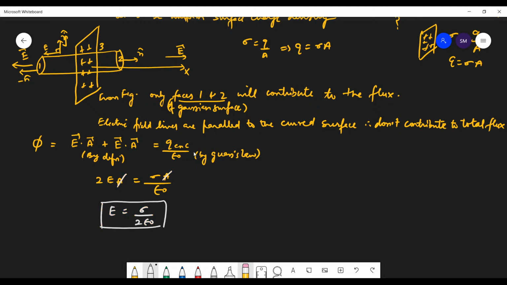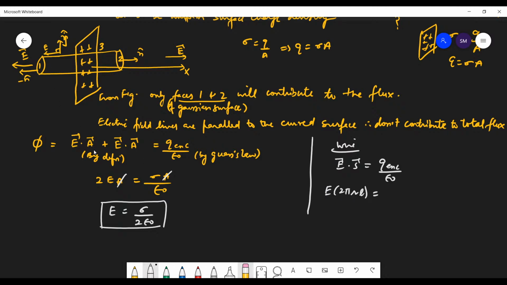This is so simple. In the last case, the wire, there we took E dot S equals Q enclosed by epsilon naught, and in that case we took the curved surface area, and because the flux through the other surfaces was 0, we simply wrote E into 2 pi R L, the surface area.